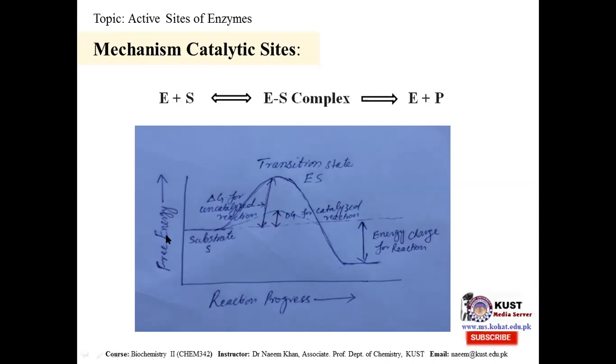So when the substrate gets attached to the enzyme, it brings about conformational changes, due to which the energy required for the transition state formation is decreased, and hence the product is formed easily. In this way the rate of reaction is increased.